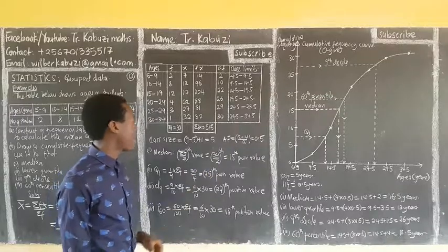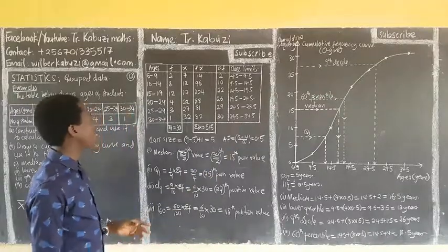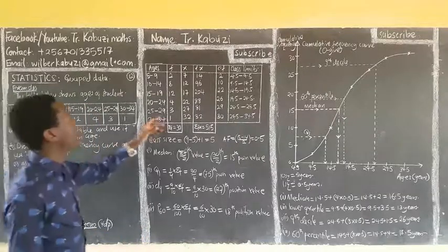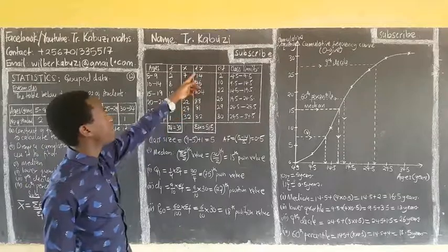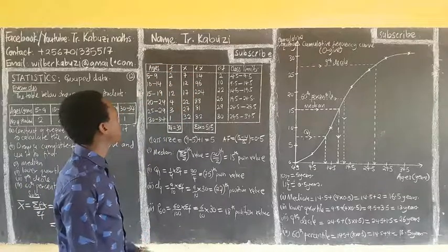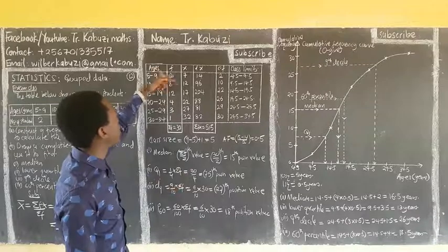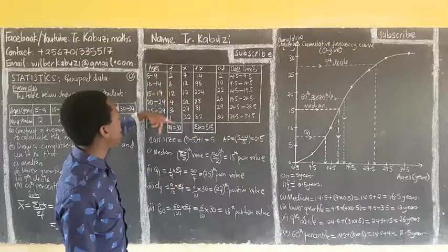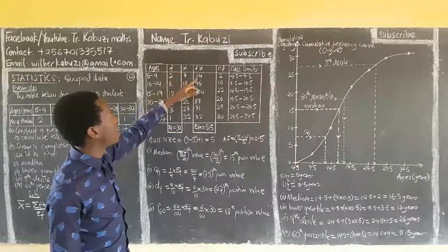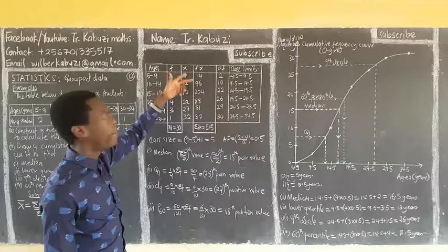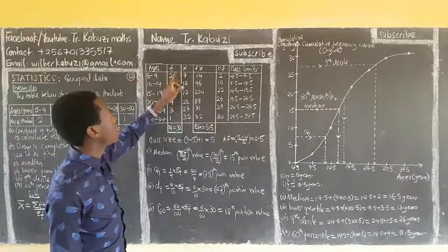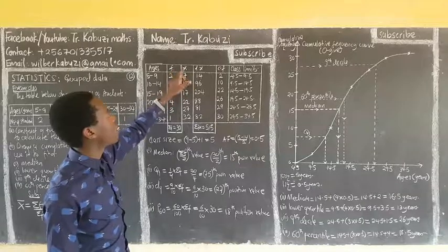Then, the question wanted us to first of all get the mean. Now the mean, we know, is given by summation f of x over summation f. From there, for summation f, we just add our frequencies. If we add this and this, you get 30. This means we are summing frequency. Then to get f of x, we need what we call the midpoints. How do we get the midpoints? You get this plus this divided by 2. Then to get fx, you multiply f and x.